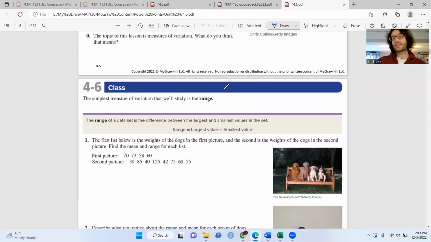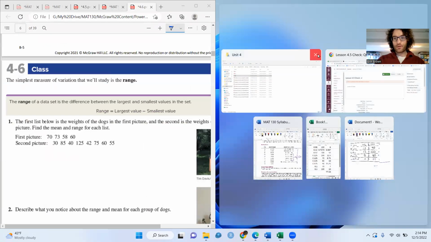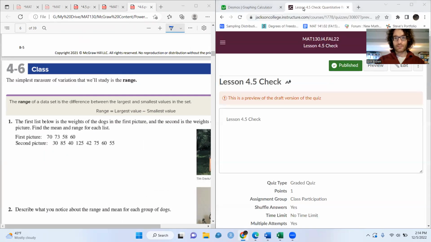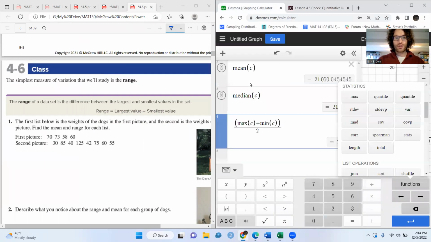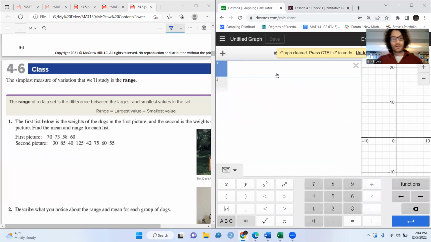One of the first and simplest measures, super close to the mid-range, is called the range. It's just the largest number minus the smallest number. I'm a huge proponent of technology, so let's go to Desmos and enter these two data sets.